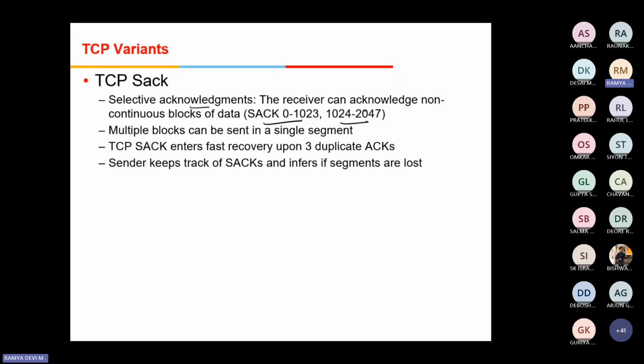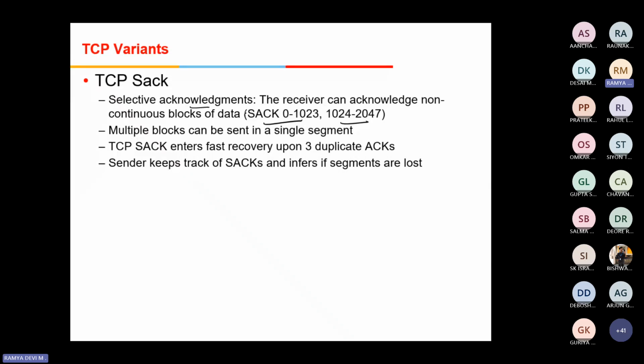TCP SACK enters into fast retransmit when it receives three duplicate acknowledgements. It is similar to Reno, but the sender uses the SACK information to maintain accurate data of which segments have been received and which are missing.